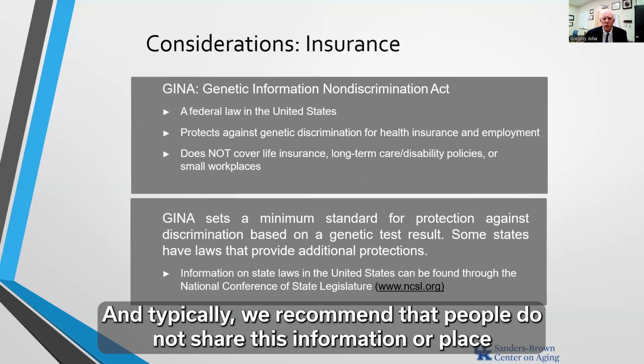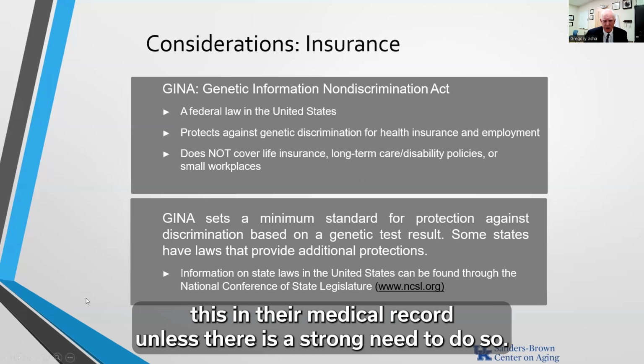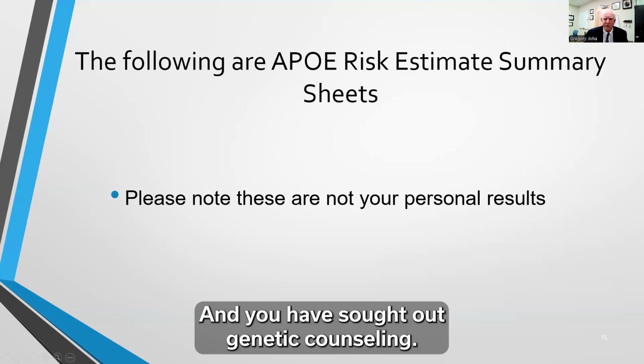And typically, we recommend that people do not share this information or place this in their medical record unless there is a strong need to do so and you have sought out genetic counseling.